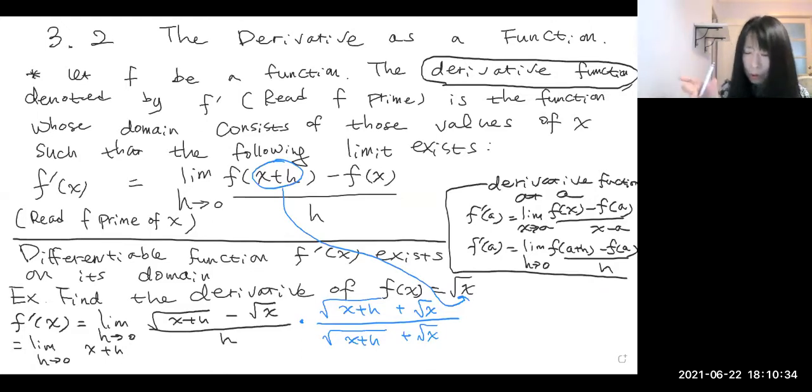Then we do square root of x squared, which is negative x, right? Then let us keep the denominator. So we did that last time, right? Keep the denominator. All right, then x minus x, which is 0.